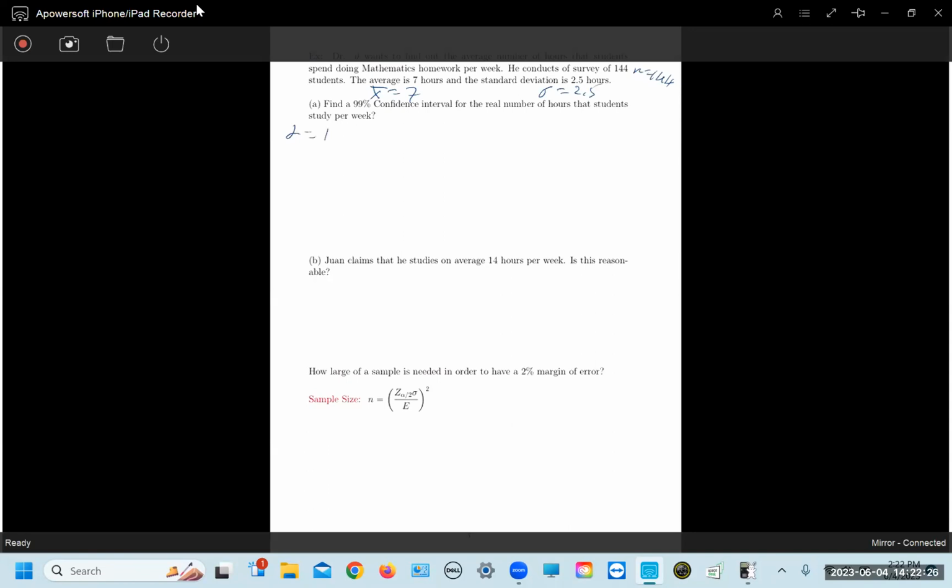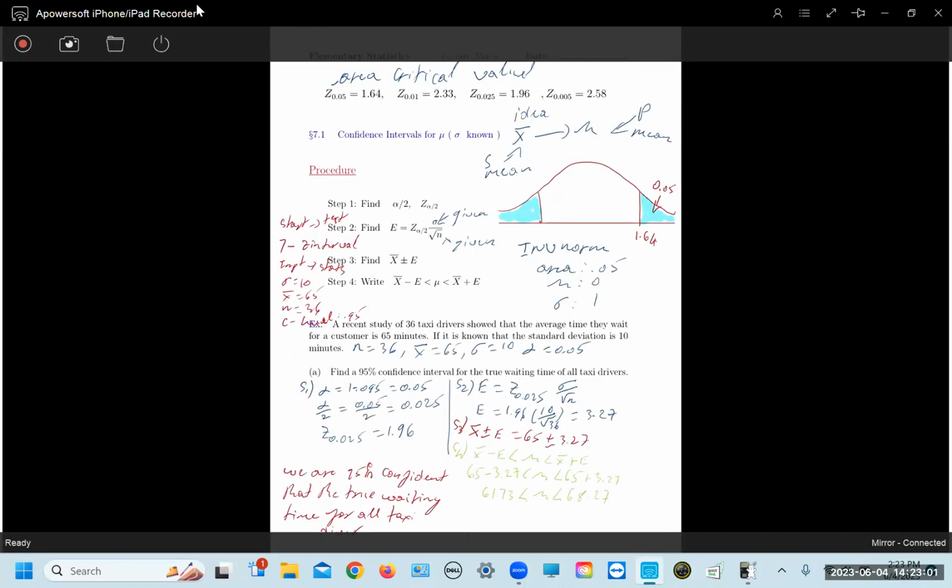For A, find the 99% confidence interval for the true number of hours that students study per week. So 1 minus 0.99 is 0.01. So alpha over 2 is 0.01 over 2, which is 0.005. So Z of 0.005 is 2.58, which we have right here.